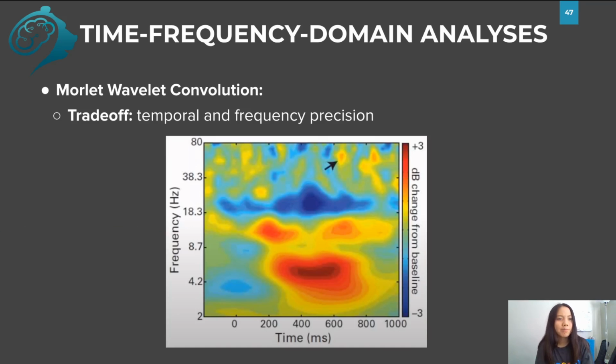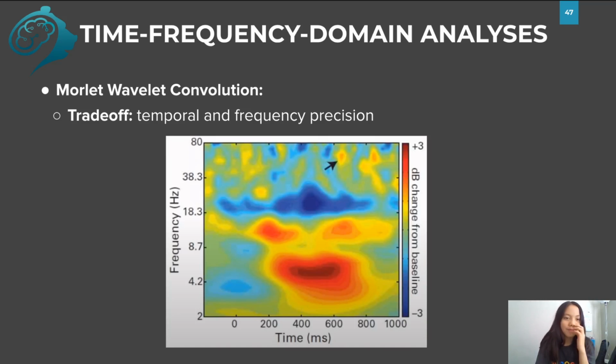But that part about trying to obtain both temporal and frequency precision is what time frequency domain analysis is all about. Unfortunately, there's a trade-off between temporal dynamics and frequency precision, which I won't go into detail how, but in general, if you try to get high temporal precision, you lose some frequency precision and vice versa.